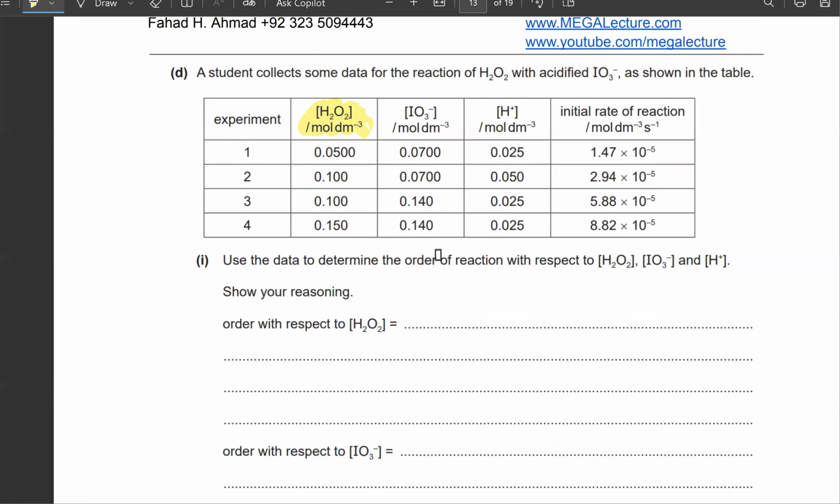Is that clear? 3 and 4, yeah. If you compare 3 and 4, these are not changing, so that's out of the question. The H2O2 concentration increases 1.5 times. Can you divide 8.82 by 5.88? That's probably going to be 1.5 times as well. So the rate increases 1.5 times as well.